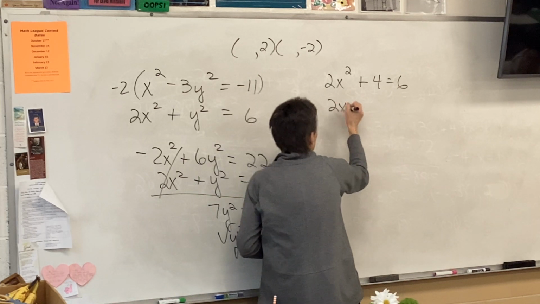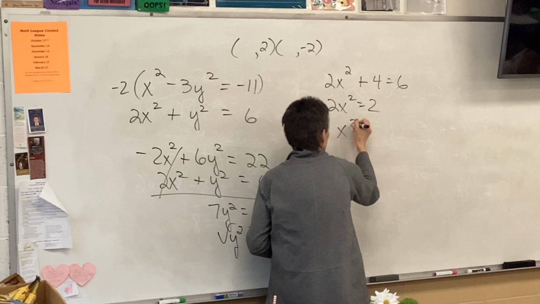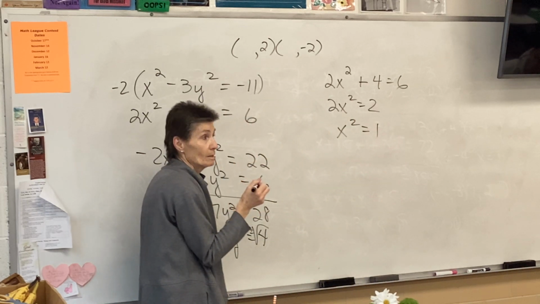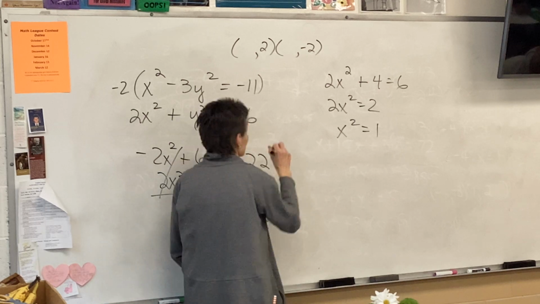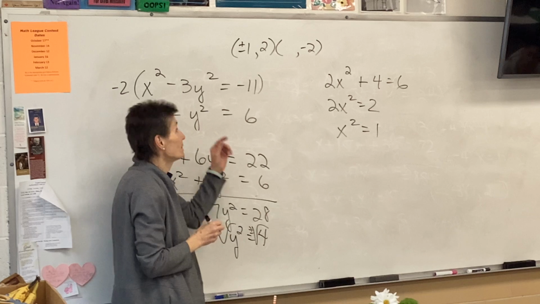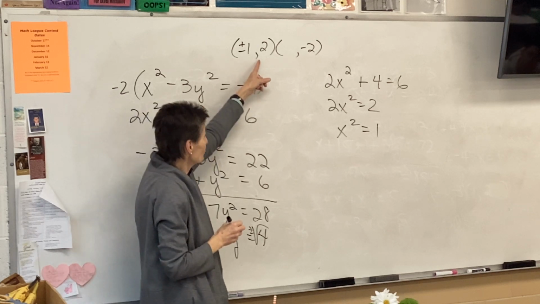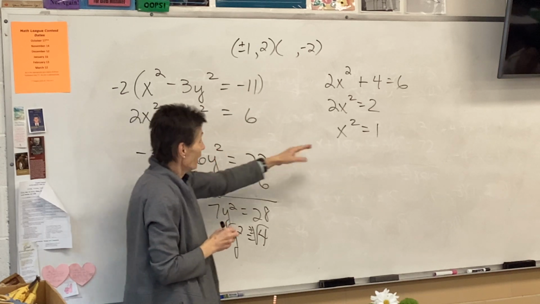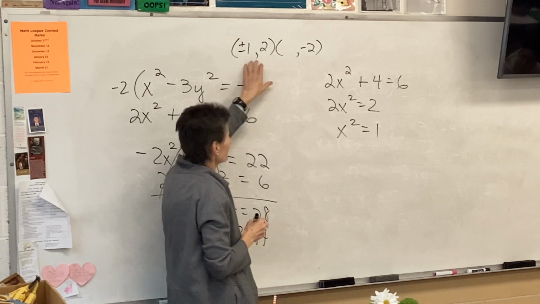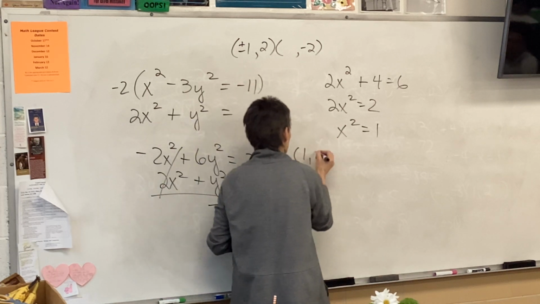So 2x squared equals 2, x squared equals 1, and x equals, oh, plus or minus 1. So when I put in positive 2 into my equation, I got 1 or negative 1. Now you can write it that way, or you can write it as separate points.